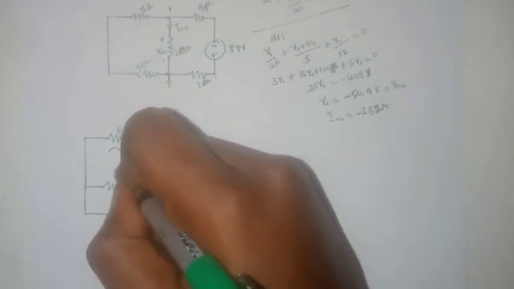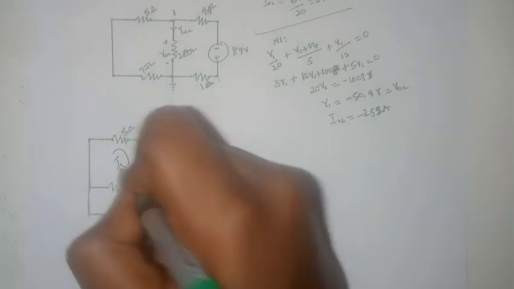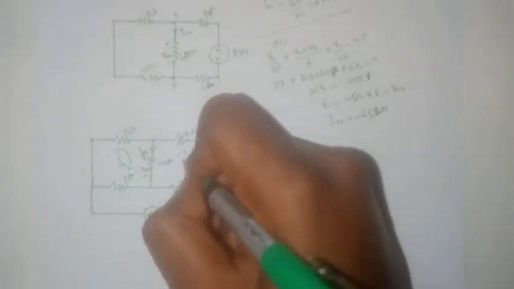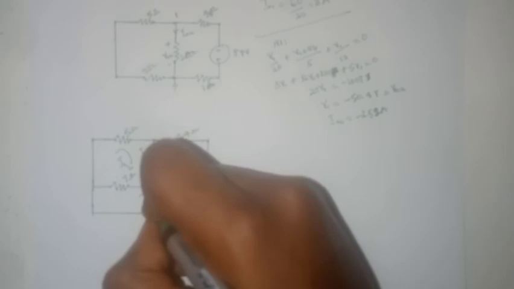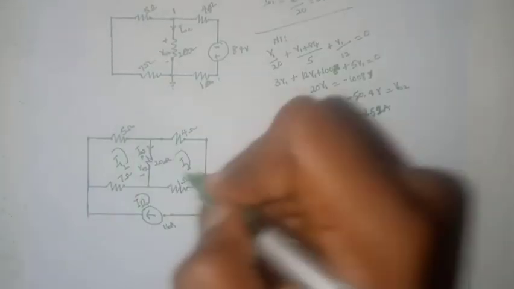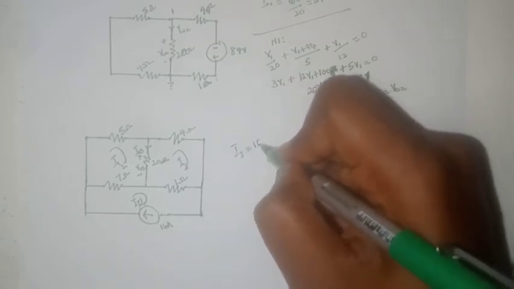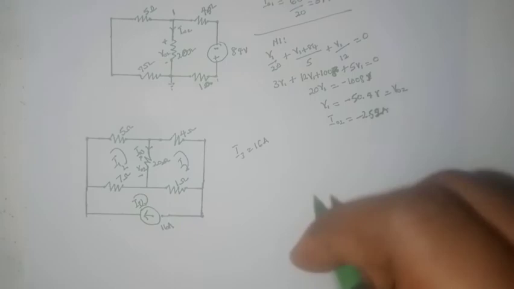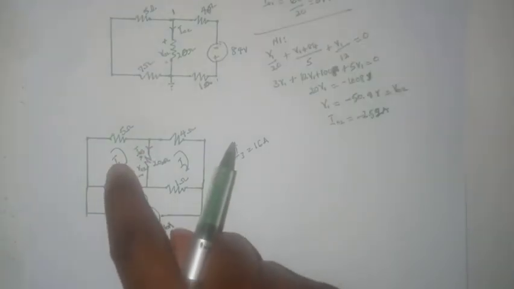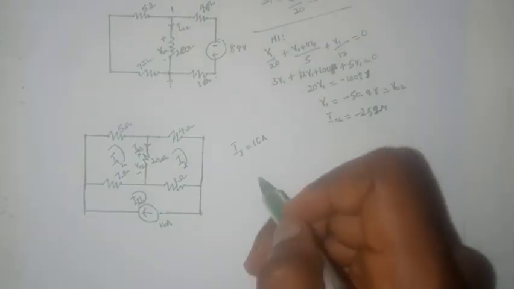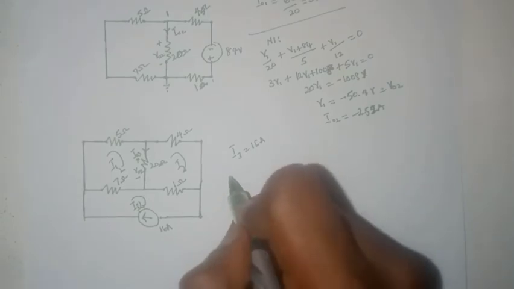We say this is I1, the current here is I2, and the current here is I3. We already know that I3 is equal to 16 amperes.